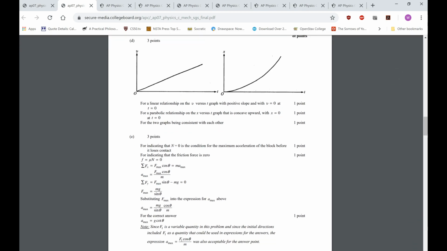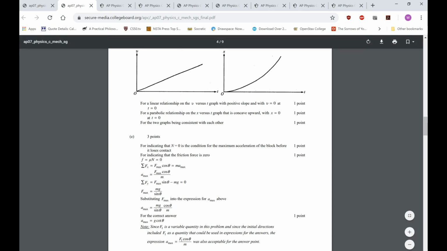Notice their note. Since F1 is a variable quantity in this problem, and since the initial directions included F1 as a quantity that could be used in the expression for the answers, the expression A max equals F1 cosine theta over m was also acceptable. What this note means is that they probably did not intend for that to happen. They probably intended for this to happen, A max equals g cotangent.